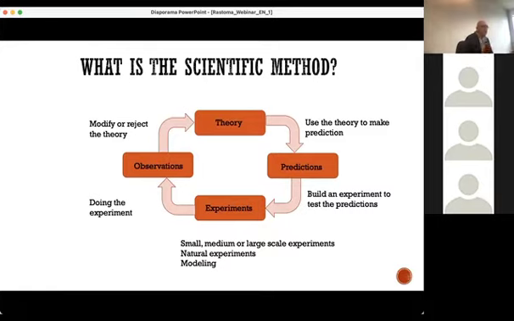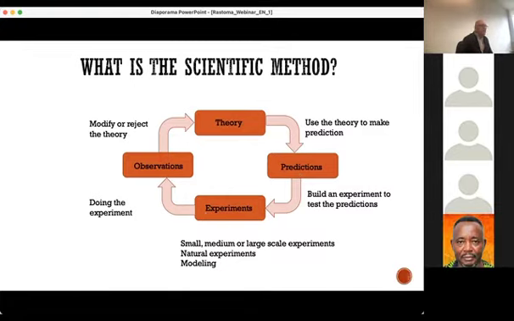So science is defined by the fact that each time you are saying something, it should be testable, and you should be able to show that it is wrong. This is science. And the scientific method is these four ways to describe the world: observation, theory, prediction, experiment.